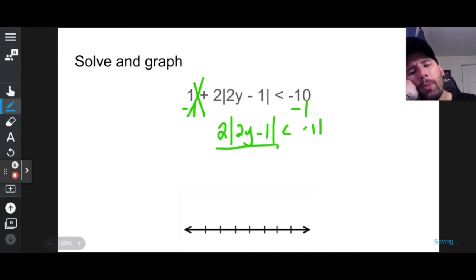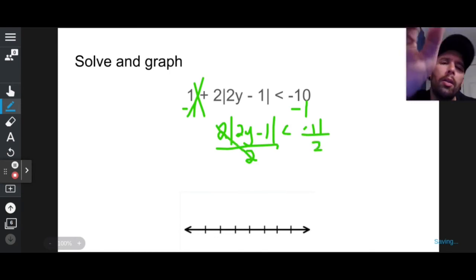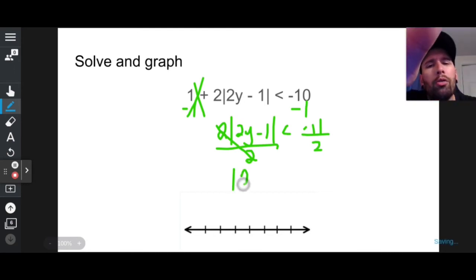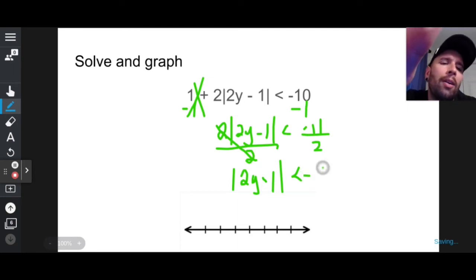Divide by 2. Cross you out. This gives me the absolute value of 2y minus 1 is less than negative 5.5, and we'll leave it as a decimal.